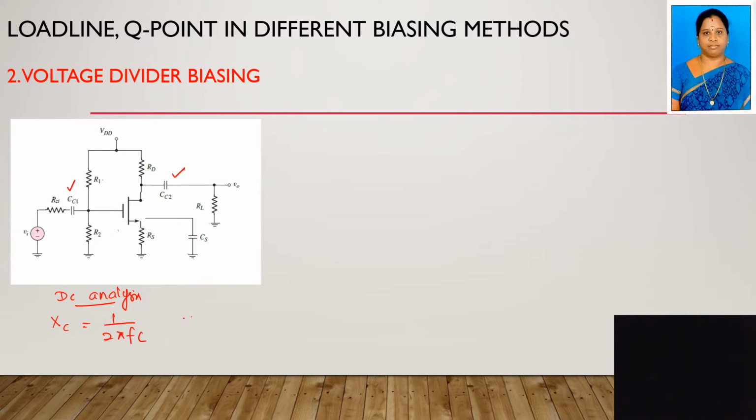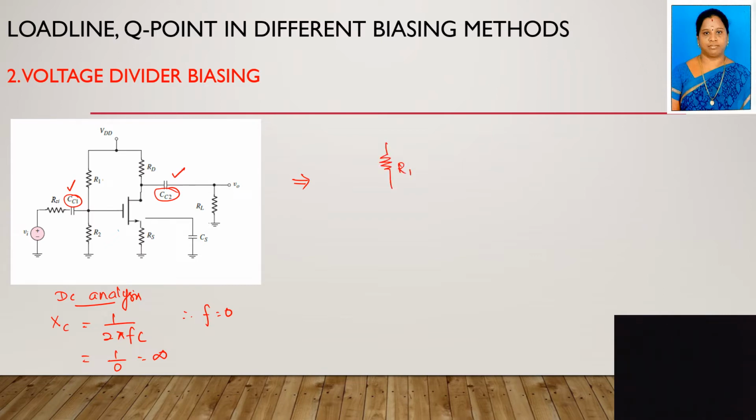For DC analysis the frequency is 0, so 1 by 0 is infinite. Infinite means open circuit, because current will not flow through infinite resistance. So if we remove both coupling capacitors 1 and 2, you will have the circuit diagram.